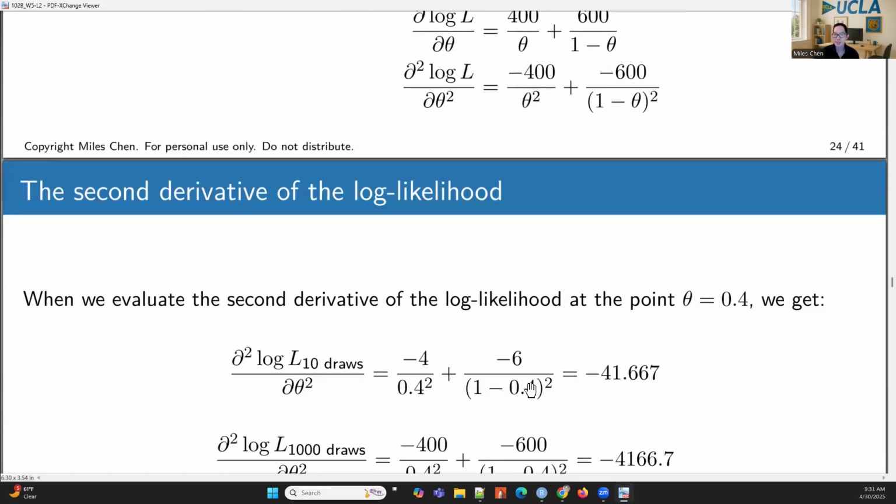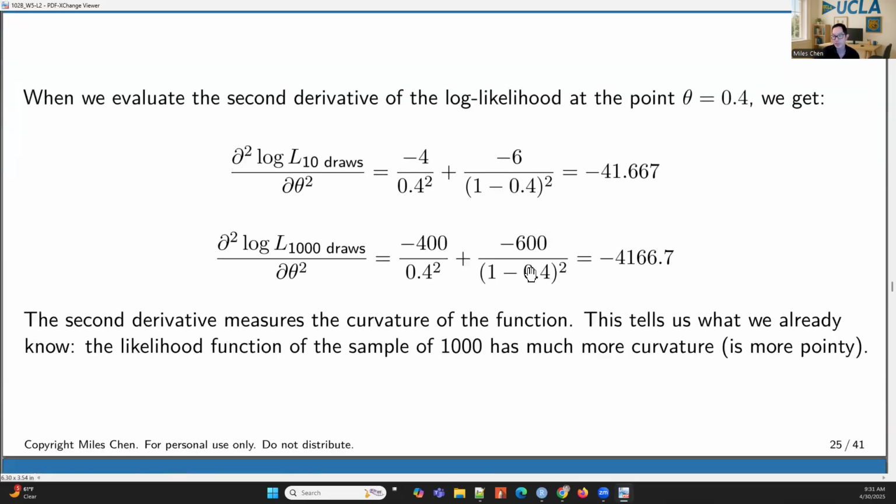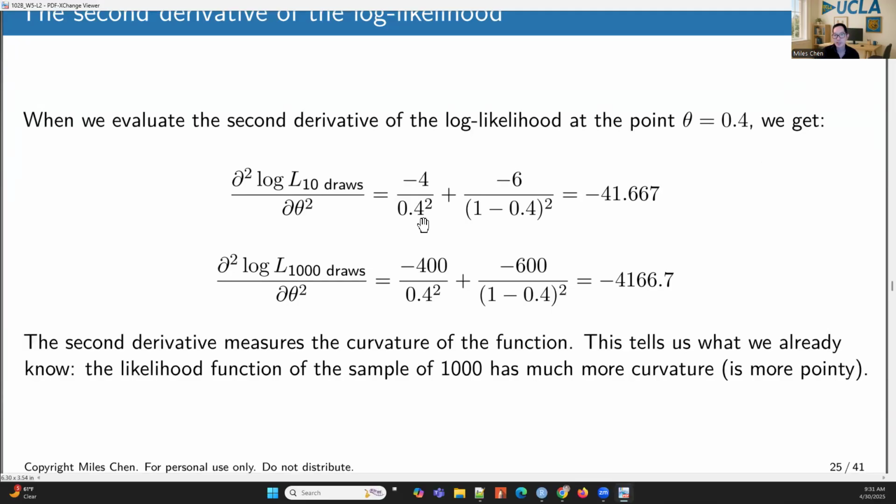Let's say I plugged in theta equal to 0.4, which maximizes the log likelihood. My second derivative at 0.4 is -41.667 for the 10 draws. And if I plug it in for the 1,000 draws, it's -4,166.7. And this reflects the curvature of the function.